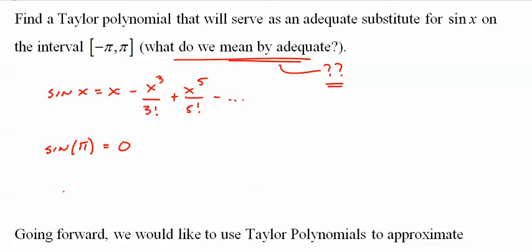So pi minus pi to the third over 6 plus pi to the fifth over 120, just using a fifth order Taylor polynomial. I'm going to put this into my calculator even though I have the number somewhere else. I'll point out a couple things as we go along.